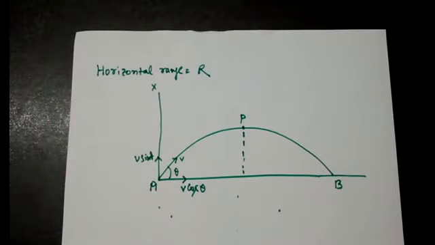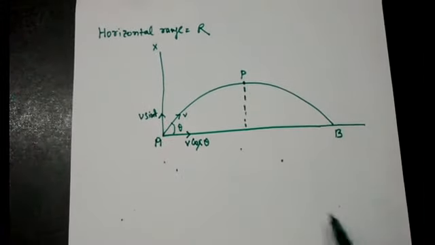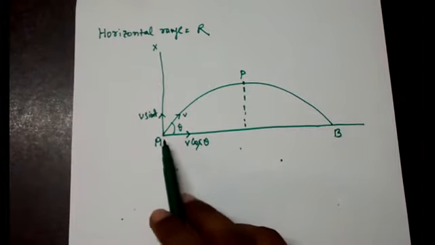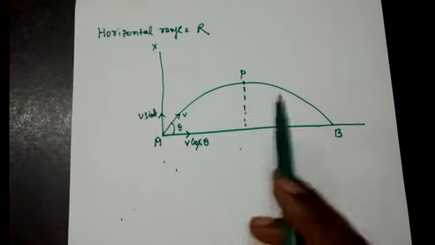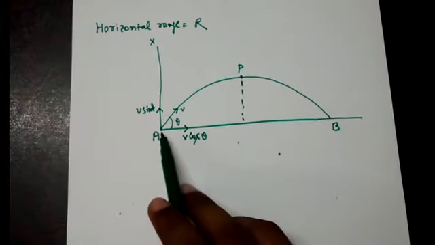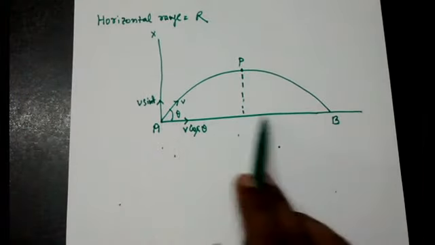Next we will discuss the horizontal range. What is horizontal range? It is the total horizontal displacement of the object during the motion, throughout the motion.